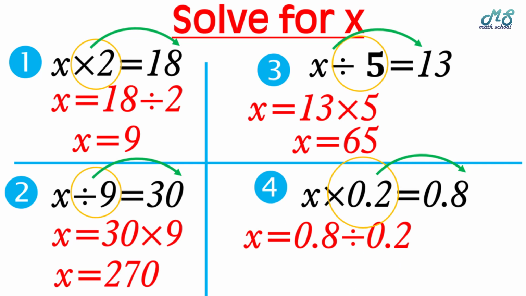Do you note, guys, the decimal point is after one digit from the right? Now we can write it as x equals 8 divided by 2, multiplying by 10. You can cancel the decimal point. Now x equals what? Yes, x equals 4.